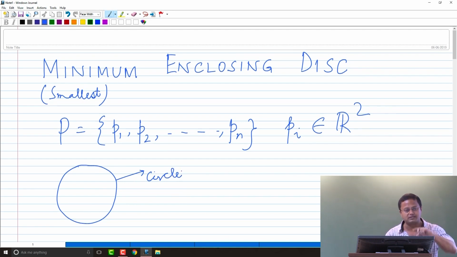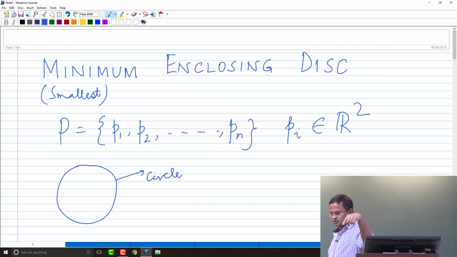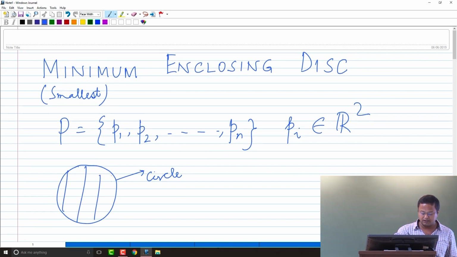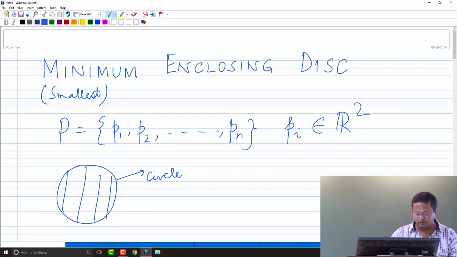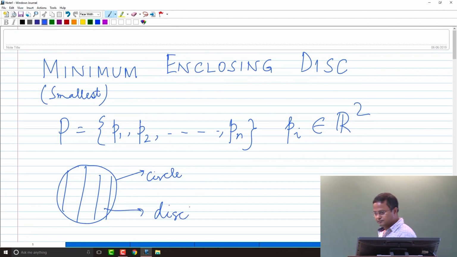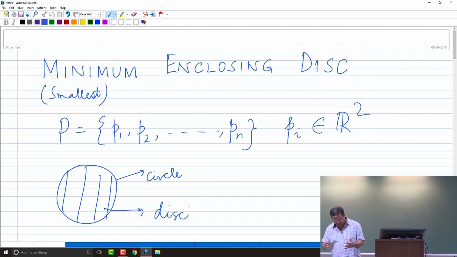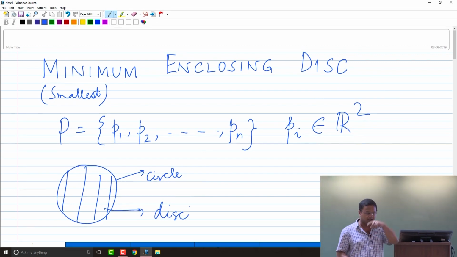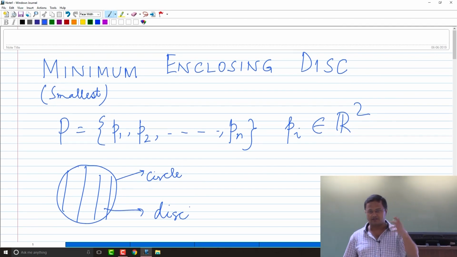So, circle would essentially mean the boundary only, and if I consider its interior as well with the boundary, then I would call it the disk. Right. I interchangeably use the terms, but essentially it is the boundary and whatever is inside is the disk.